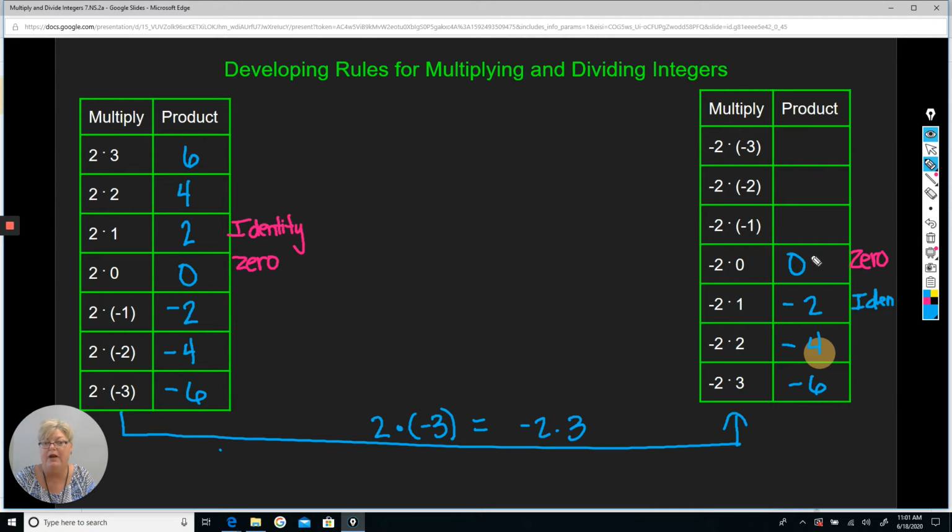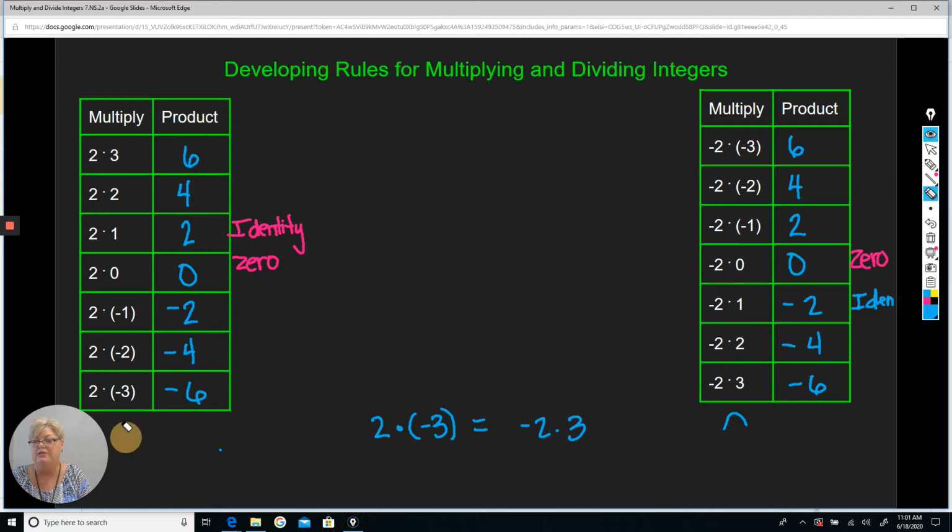What's happening to my product? It is continuously going up. It's increasing. So if my product is increasing, -2 times -1, the pattern would continue. That would be +2, and this would be +4 and +6.